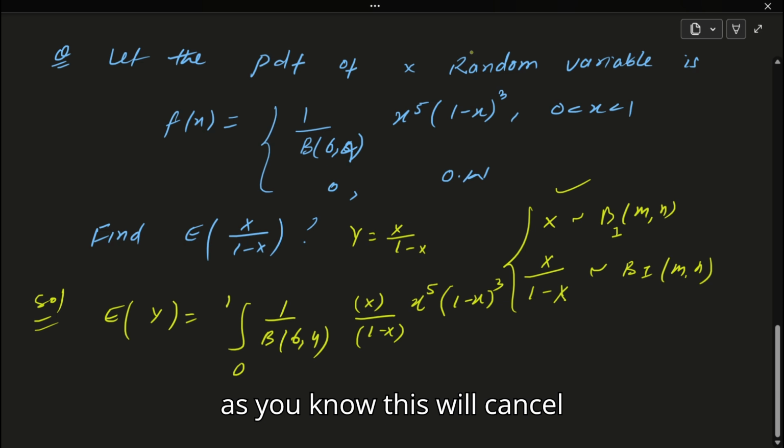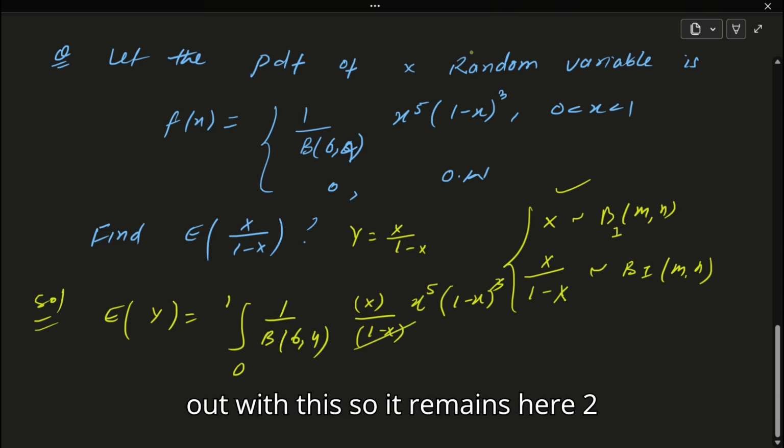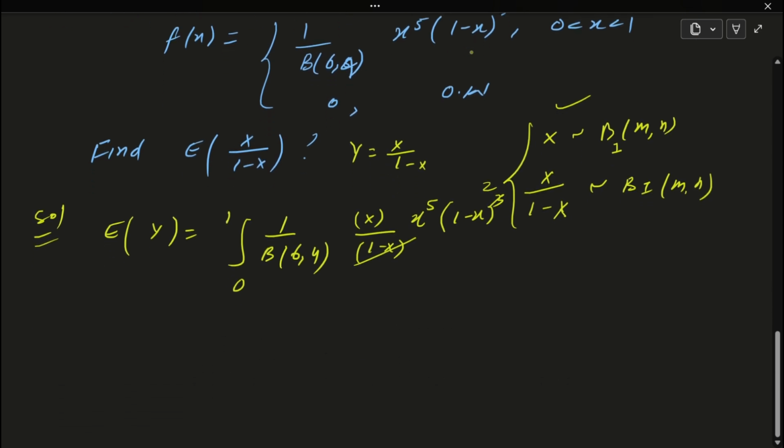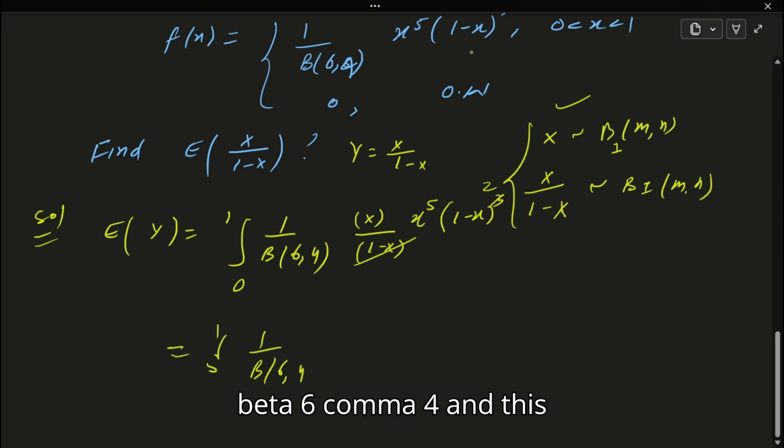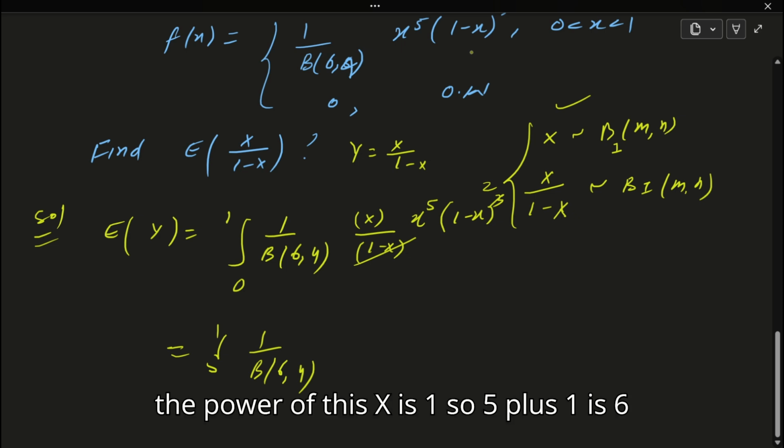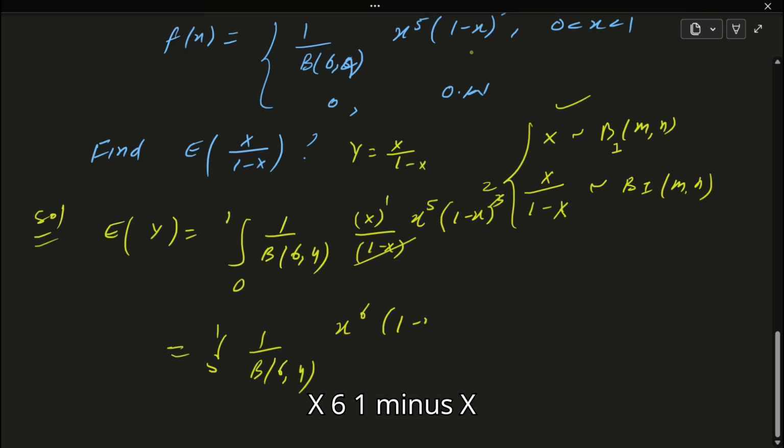As you know, this will cancel out with this, so it remains 2. So this is the integral from 0 to 1, 1 upon beta 6 comma 4, and the power of this x is 1, so 5 plus 1 is 6, x^6 (1 minus x)^2 dx.